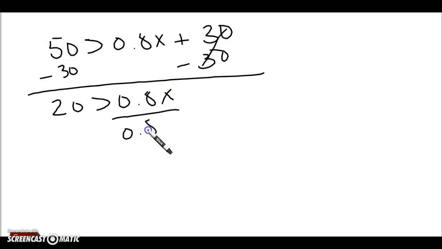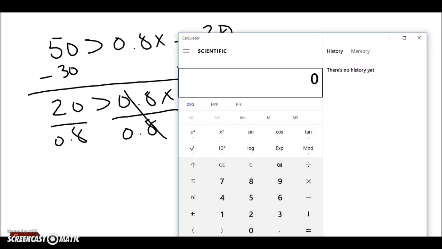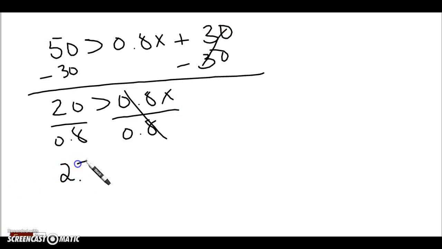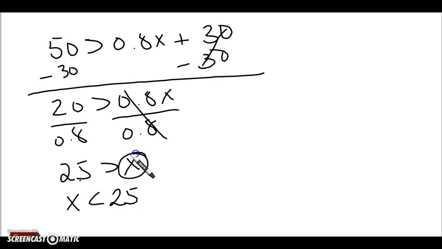Next thing I'm going to do is divide both sides by 0.8 to get my x by itself. I'm going to put that in my calculator. So 20 divided by 0.8 gives me 25. So I get 25 is greater than x. I'm going to flip it around because I don't like the way it looks. So I get x is less than 25. All I did is move my x to this side and flip the inequality so it's less than 25.